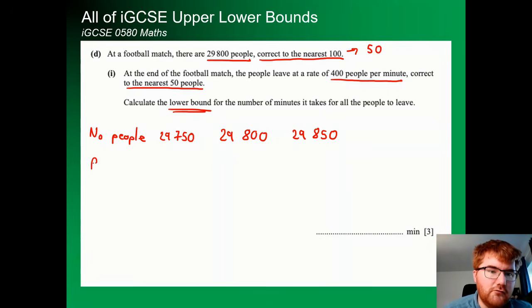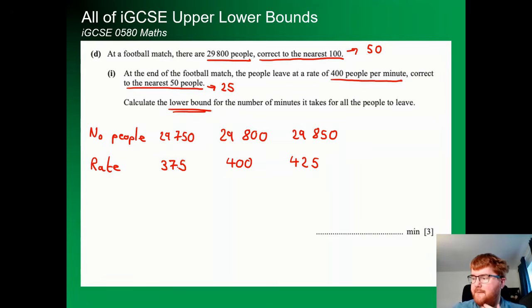And then we've got the rate here, which is 400 people a minute, so we put that in the middle. Half of 50 is 25, so we've got the upper bound of 425, and then we've got the lower bound of 375.